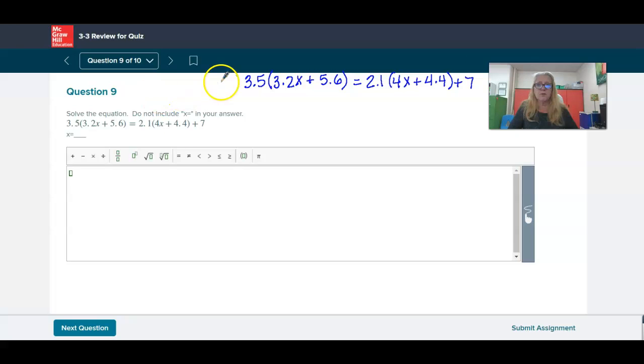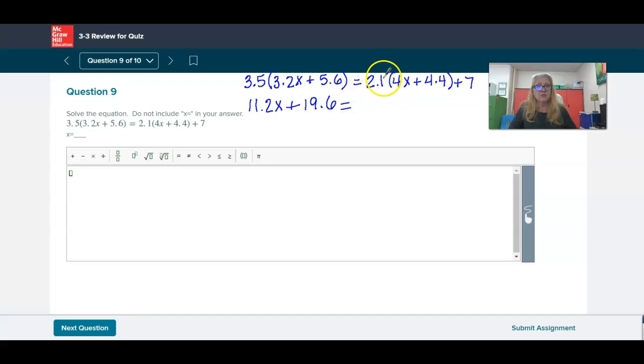3.5, we're going to distribute. We have to multiply this number times both of these. So 3.5 times 3.2 equals 11.2, so we have 11.2x. Now 3.5 times 5.6 is 19.6, and it's positive, so plus 19.6.